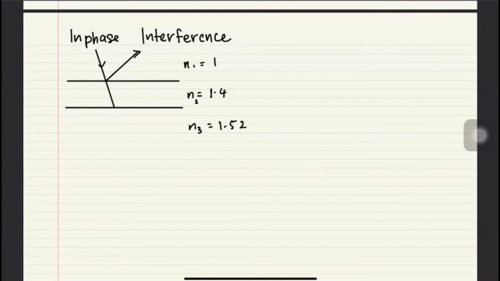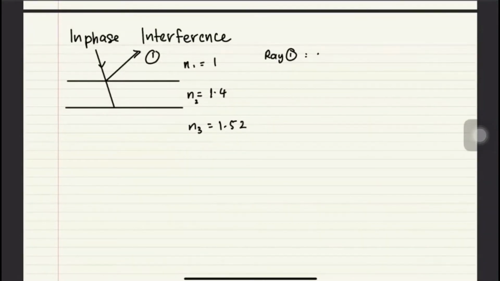The first reflected ray is what we call ray 1. Ray 1 here, actually the light, yang reflected kan, actually it seems like it travels from the less dense to the denser punya medium. So if that happens, it will undergo a phase change.